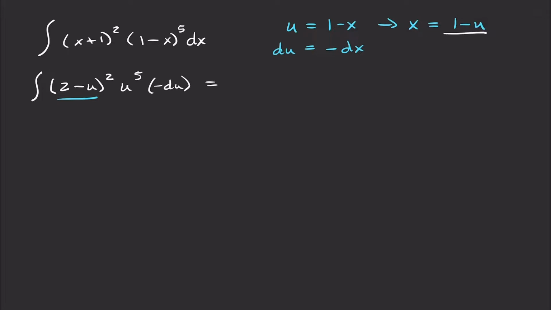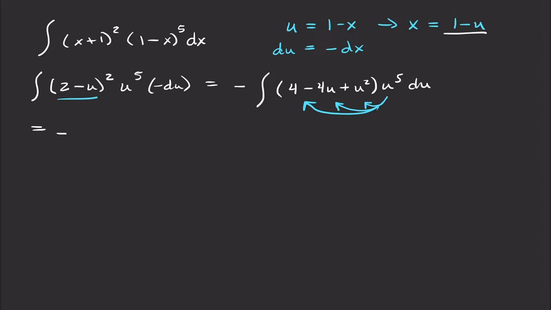So if we do this, we'll bring our minus sign out, we get minus the integral of 2 and 2 will be 4, and then we get minus 4u, and then minus u and minus u will be plus u squared, all times u to the 5th du. Okay, so I just expanded that out. And now I can distribute my u to the 5th to each term and do each of those integrals.